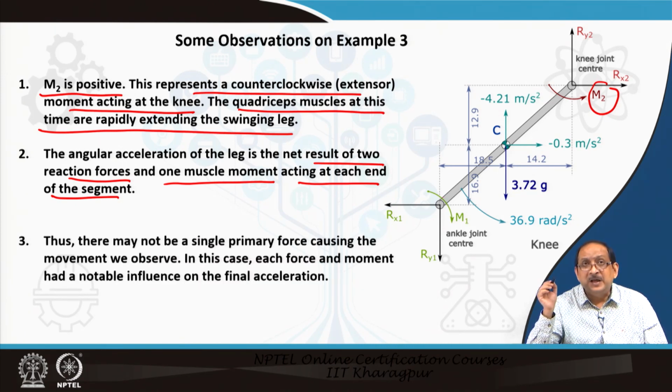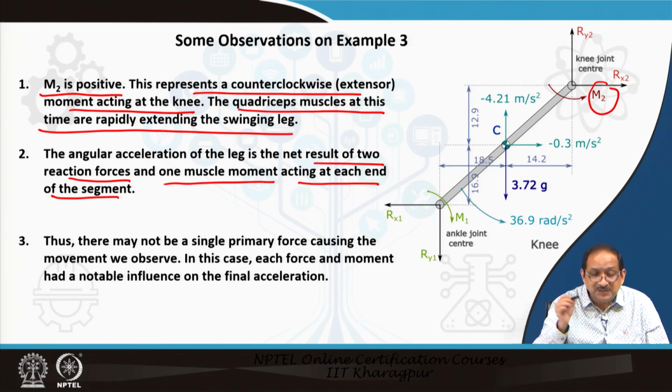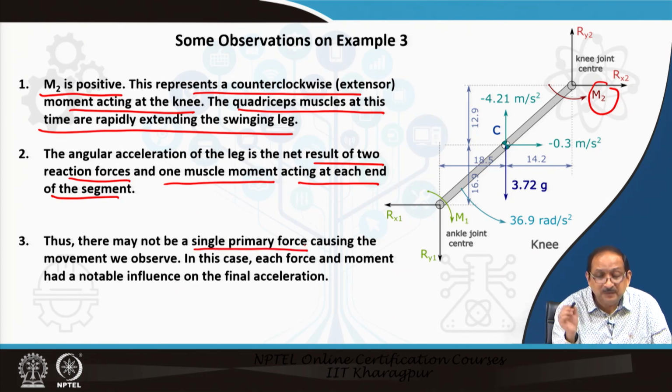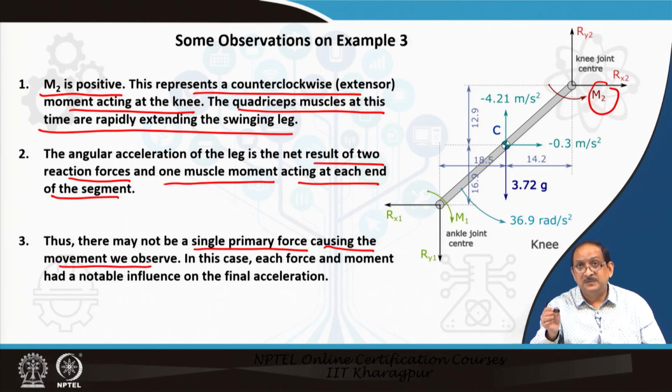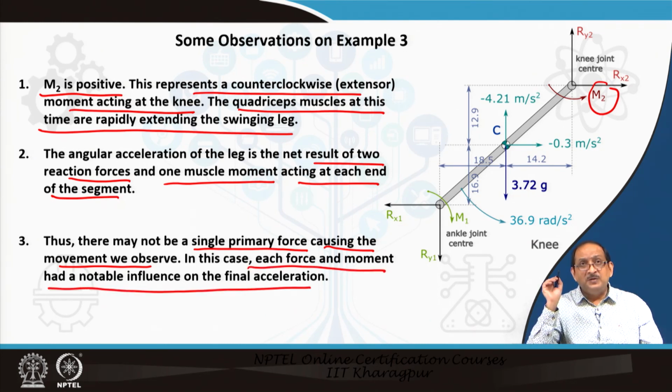Therefore, there may not be a single primary force causing the movement we observe here. In this case, each force and moment had a notable influence on the acceleration of the lower leg segment.